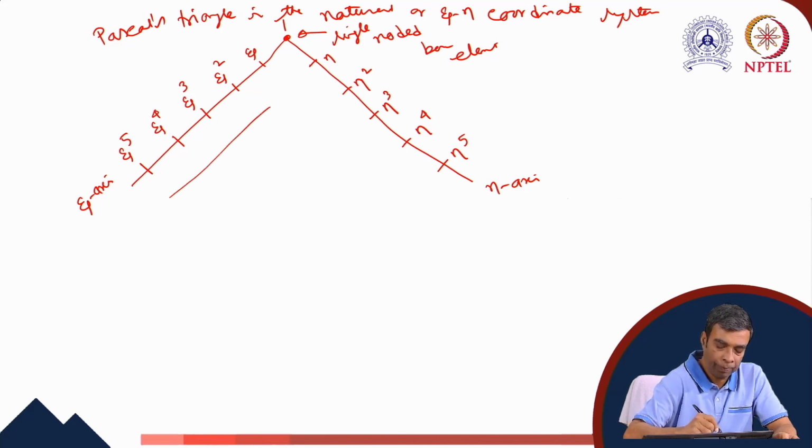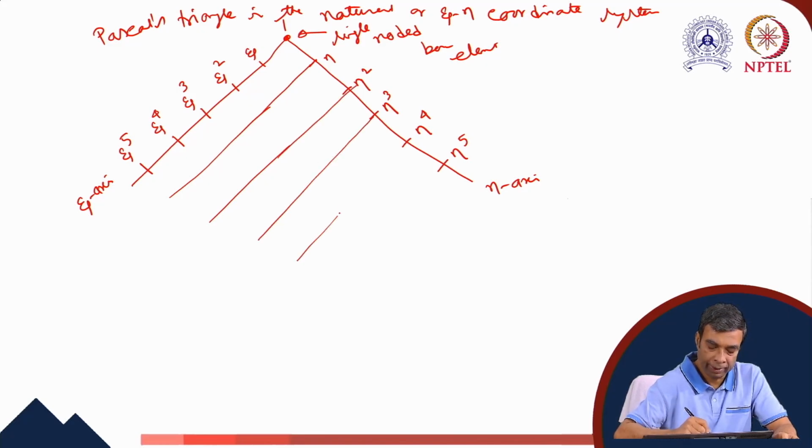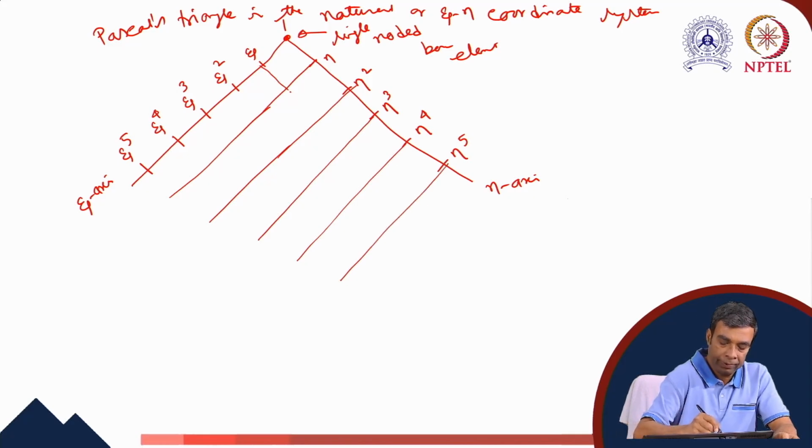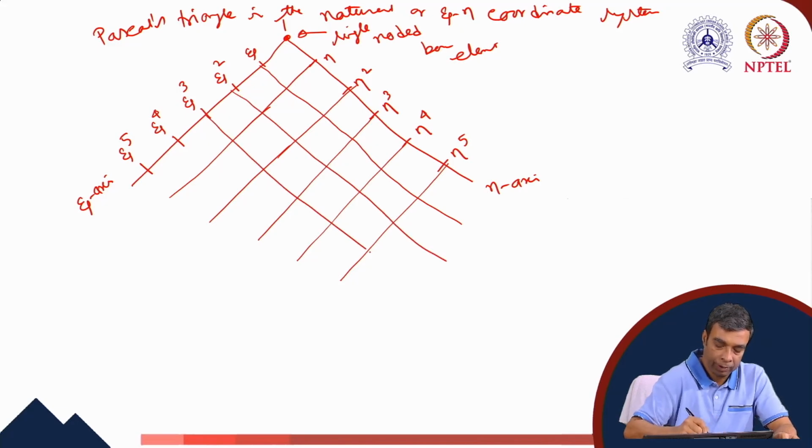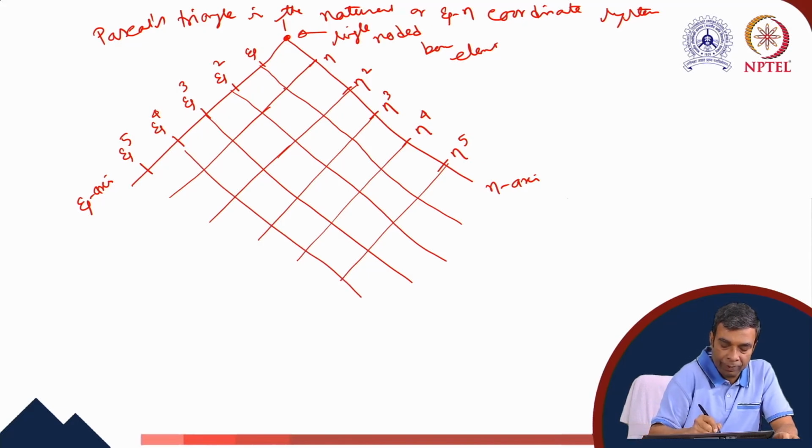We can draw parallel lines with the respective coordinates, and find the intersection points, and then we can locate the elements of quadrilateral type or of triangular type. So we shall show some cases. Here, this is the intersection of xi and eta, where both of them have unit power.